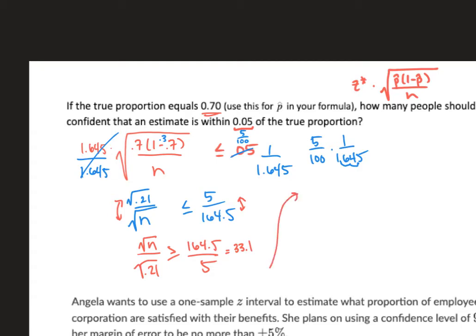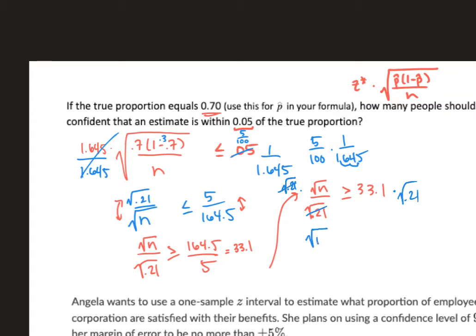So what we have here is the square root of n over the square root of 0.21 is greater than or equal to 33.1. Then we multiply both sides by the square root of 0.21.